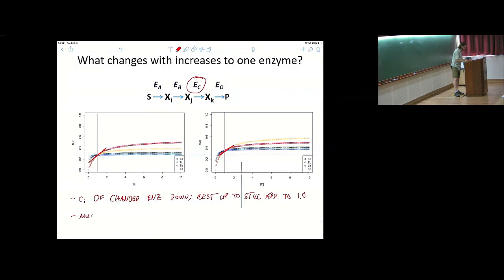And multiple mutations to the same enzyme, you get diminishing returns for beneficial mutations.